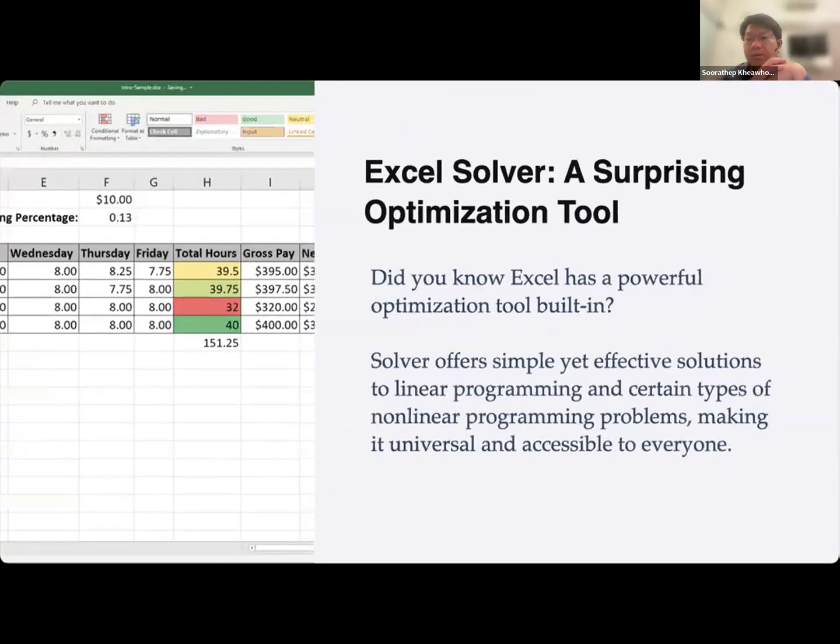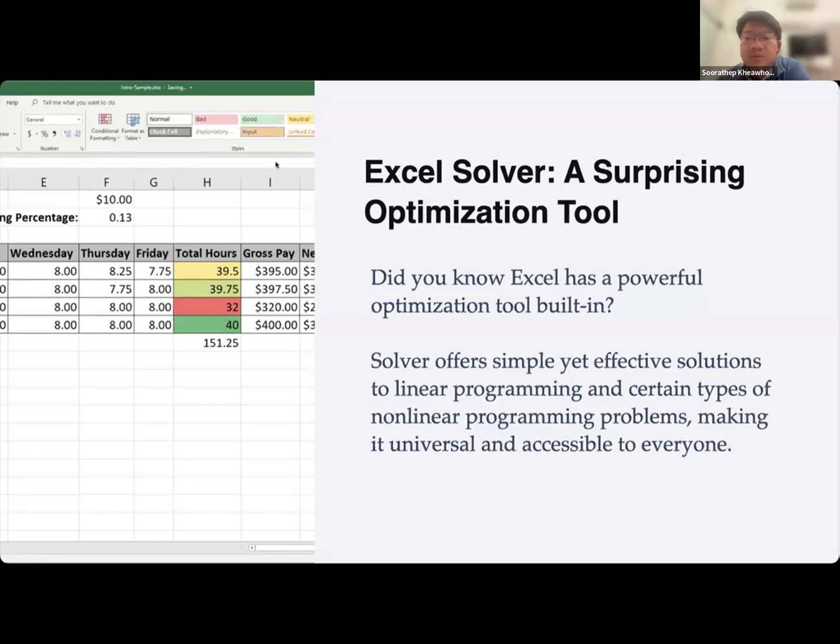Okay. The next thing, I will introduce you to some software we will use in this class. The first one is Excel Solver. This one is a surprising optimization tool. You can use it to solve linear functions or even nonlinear functions in some cases. And it comes with Excel already.